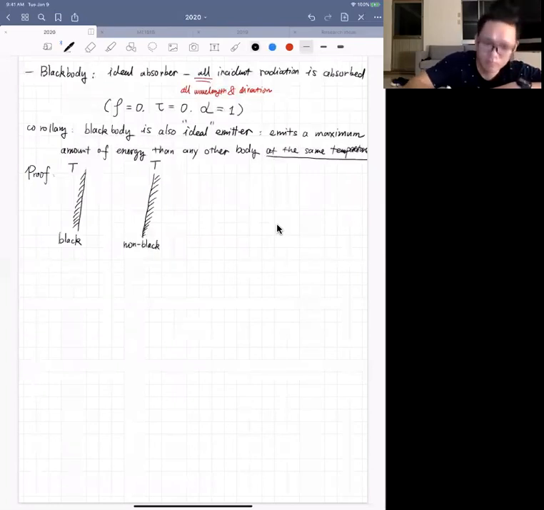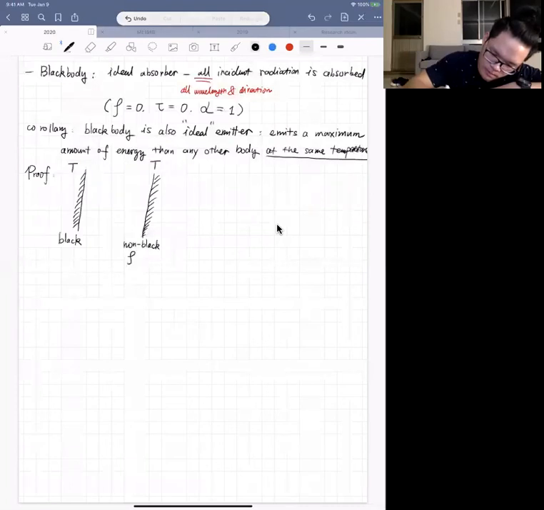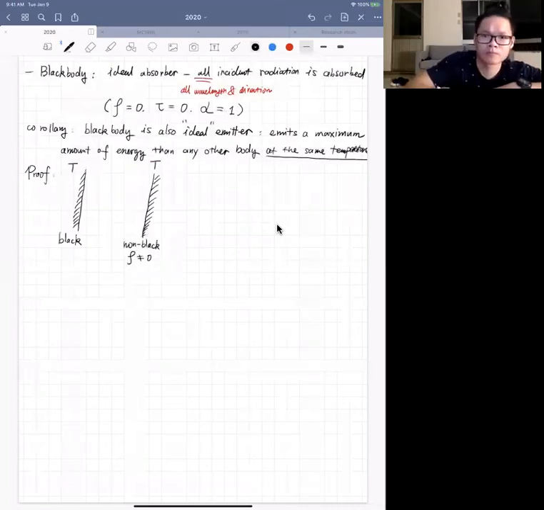Because it's non-black, there must be some finite reflection, so rho, the reflectance, is not zero. By definition, if it's black, everything is absorbed. If it's non-black, then a fraction of the incoming radiation is going to be reflected.